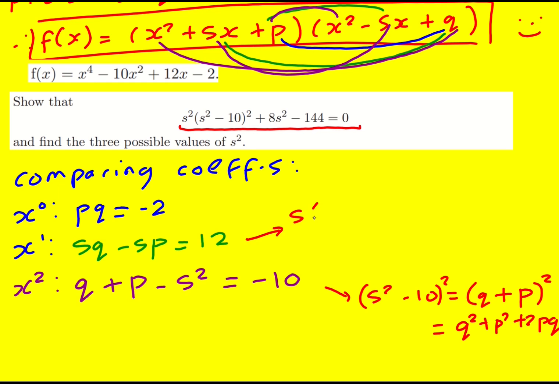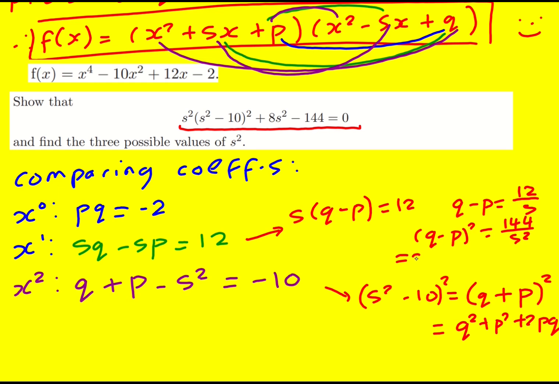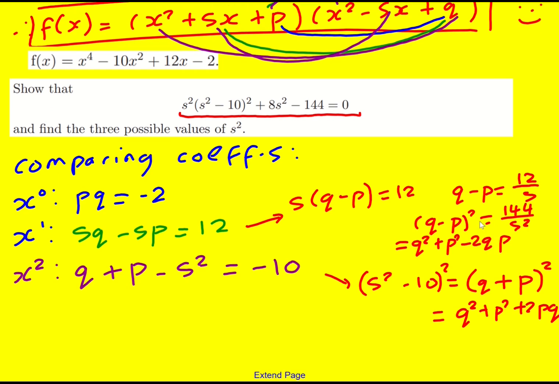Let's look at the second one. If I factorize out the s, I'll have s times (q minus p), and that's going to equal 12. And I could then make q minus p the subject. Because if I square that, (q minus p) squared, I'll have 144 over s squared, but I'll also have something very similar to (q plus p) squared. I'll have q squared plus p squared, but minus 2qp. And here's what we're left with.